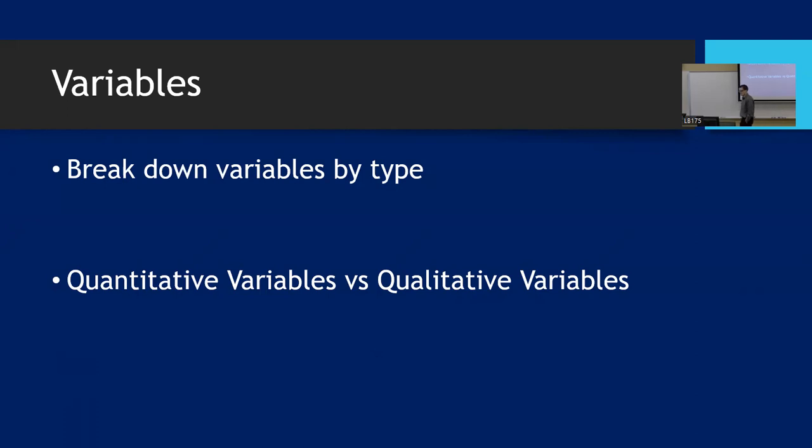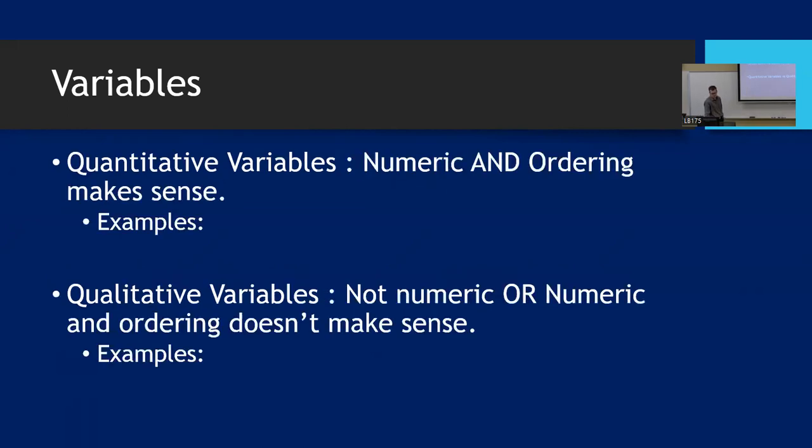Qualitative variables are variables that measure qualities. Now, officially, quantitative variables are numeric. So they're talking about numbers. So the data that they take on are numerical, but also ordering makes sense.